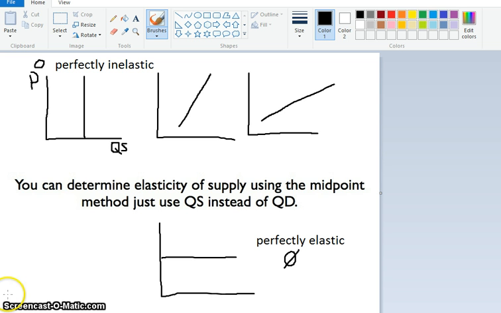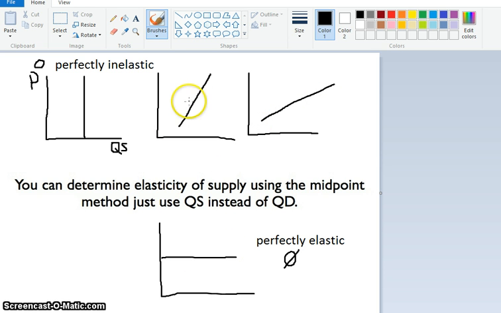But anyways, so we've talked about price elasticity of demand, income elasticity of demand, cross price elasticity of demand. The last one we're going to do is the elasticity of supply, the price elasticity of supply. So all we do is we look at how the change in price affects the change in the quantity supplied. Notice the only difference here is that the curves are sloping differently.